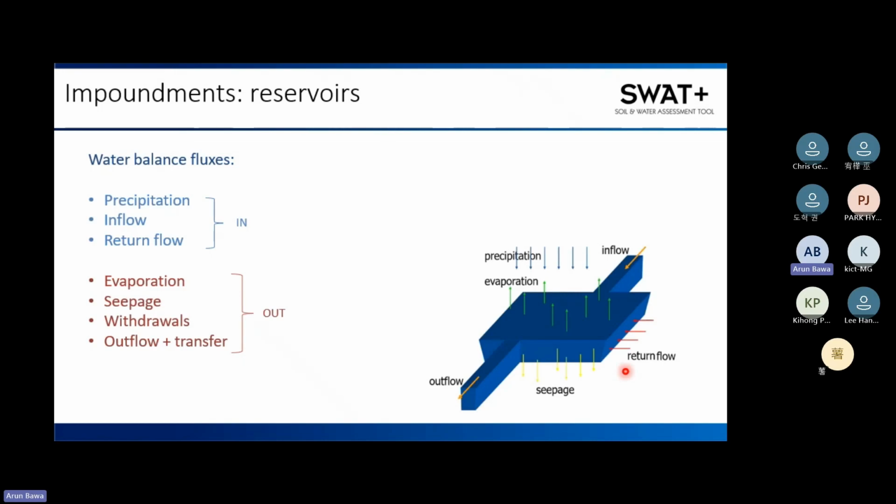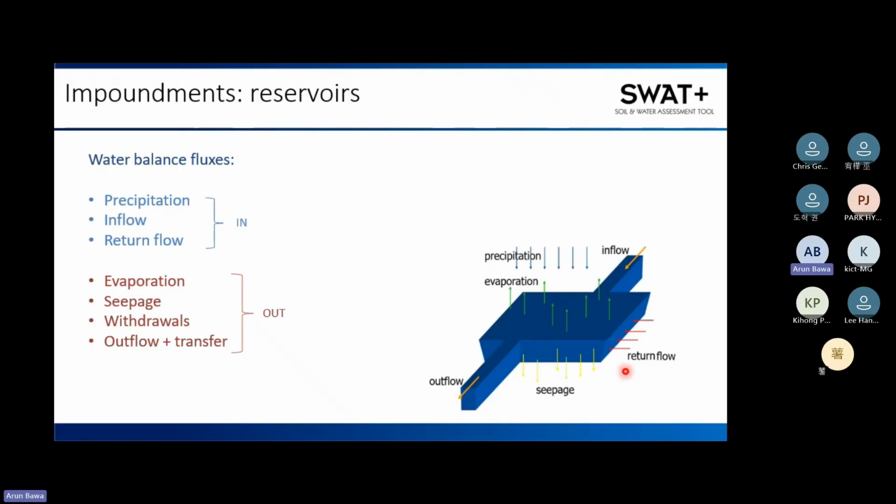You can define your withdrawals, how much water out of that reservoir you want to use for domestic application in your city. SWAT+ gives you that flexibility to distribute the water: whatever is input into the reservoir, 60% goes this way, 40% goes that way.